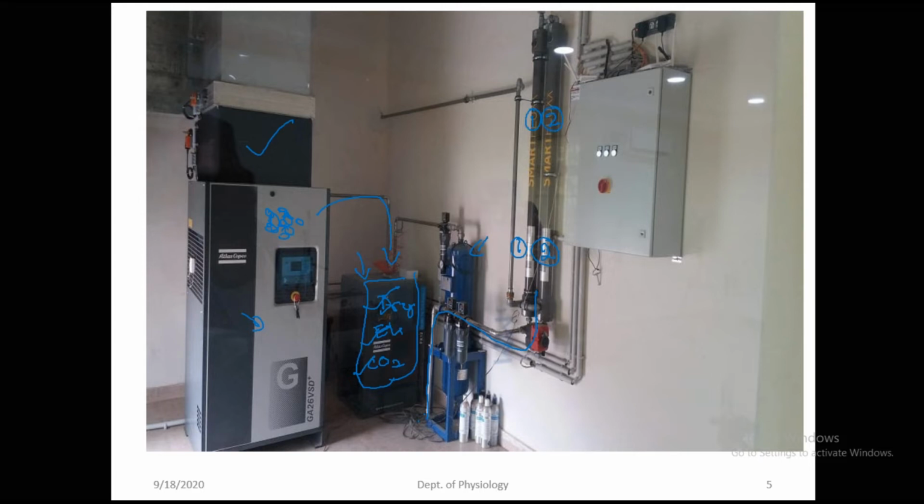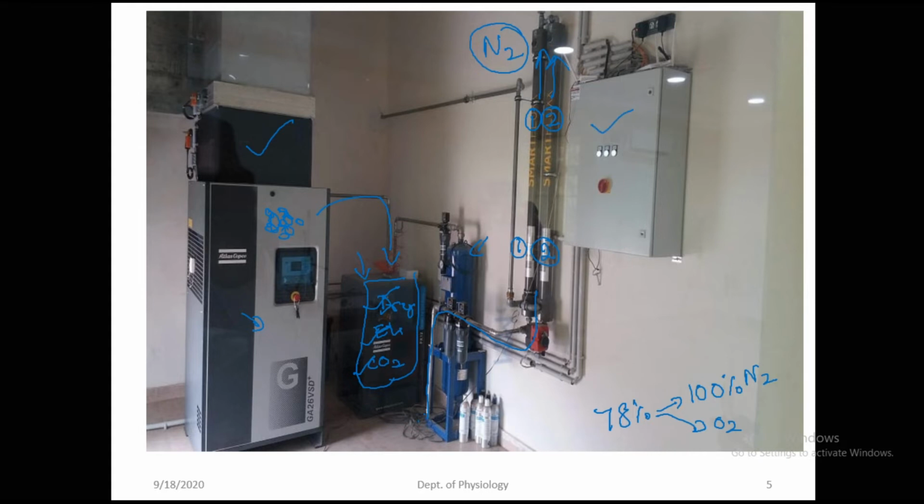These filters exclusively filter out the oxygen, eliminating it completely, and therefore extract the nitrogen from the atmosphere. As we know, we have 78% nitrogen in the atmosphere. So these filters produce 100% nitrogen, therefore eliminating the oxygen from the atmospheric air.